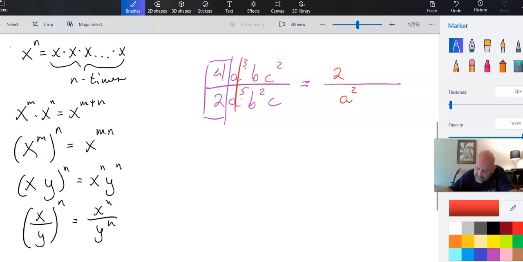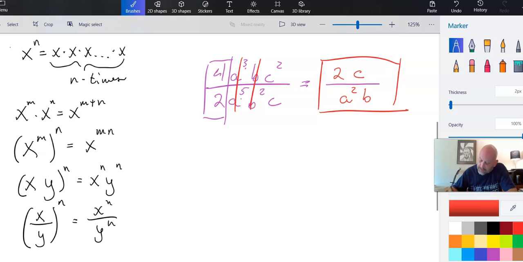So this 1 b on top is going to cancel 1 b out of the bottom, leaving me 1 b. I'm done with the b's now. For c, I have 2 on top and 1 on bottom. So the 1 on the bottom is going to cancel out one of the ones on top, leaving only 1. So we end up with this as our answer: 2c over a squared b. It's not bad, huh?